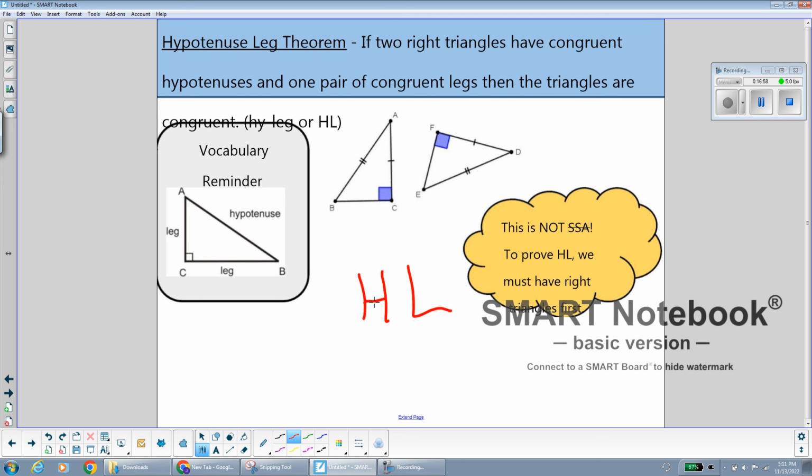The H part is congruent hypotenuses. The hypotenuse is the part of the triangle directly across from the right angle, so those need to be congruent to each other. And you need one pair of congruent legs. The other two sides of a right triangle are called legs. So as long as one pair of legs is congruent, you have HL satisfied and you know the two triangles are congruent.